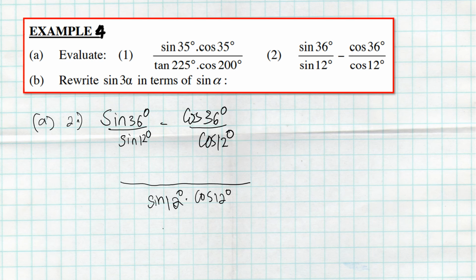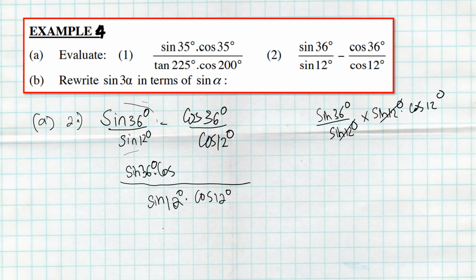If you want to get the answer on top, you take this one and multiply it with this whole expression. So it will be sine 36 degrees over sine 12, multiplied by sine 12 degrees times cos 12 degrees. So this cancels this, and you get sine 36 degrees multiplied by cos 12.